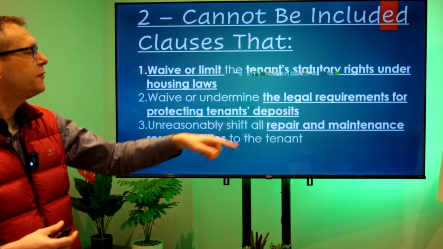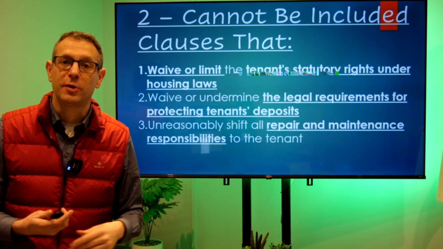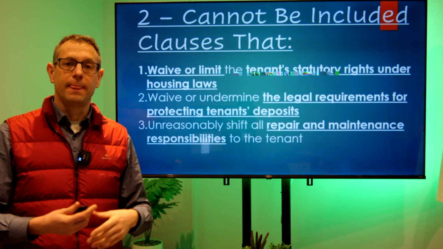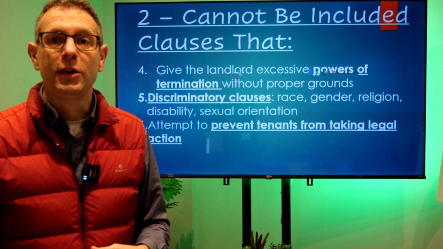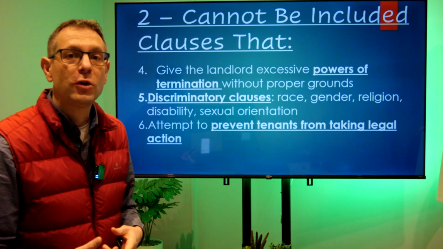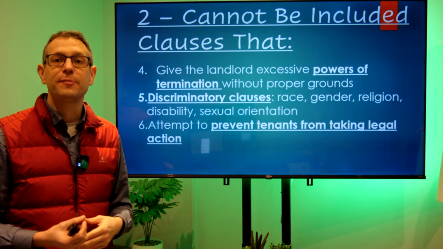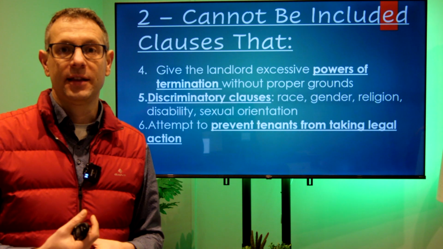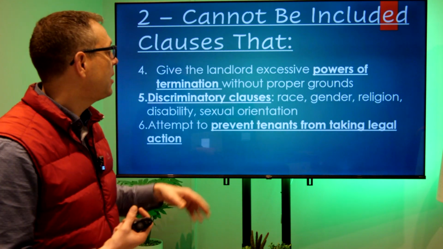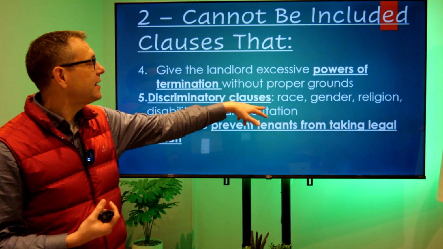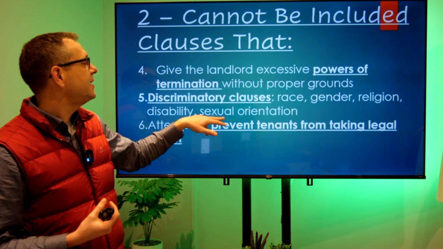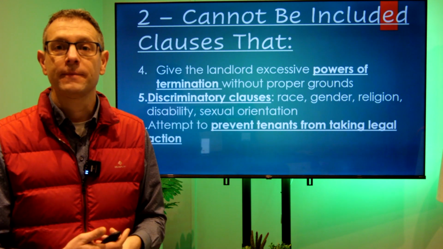You can't shift repair and maintenance responsibilities over to the tenant. And you can't include clauses that give the landlord excessive powers to terminate the tenancy agreement. And you can't include discriminatory clauses against race, gender, religion, disability or sexual orientation.